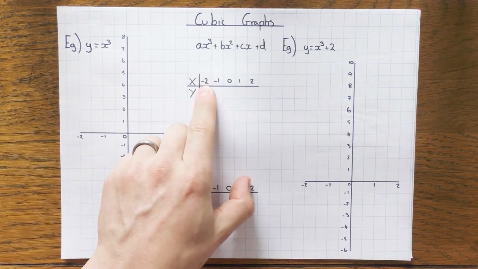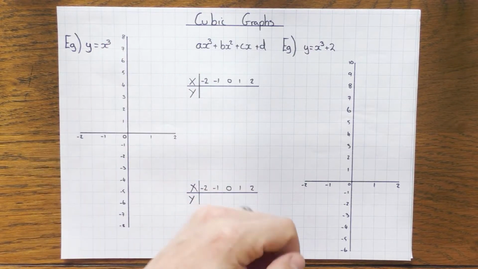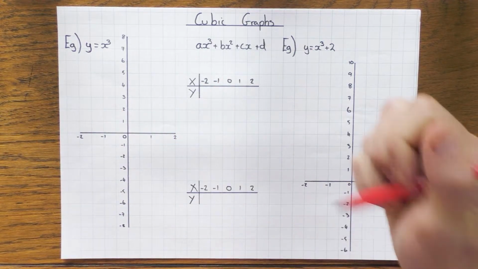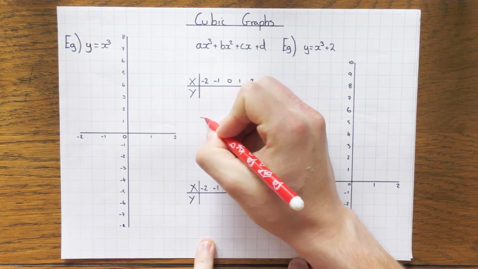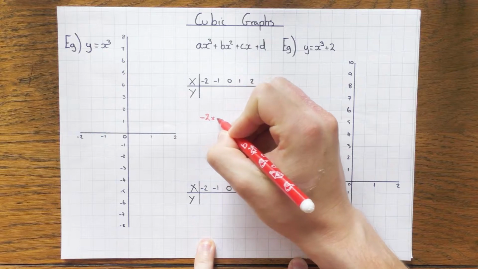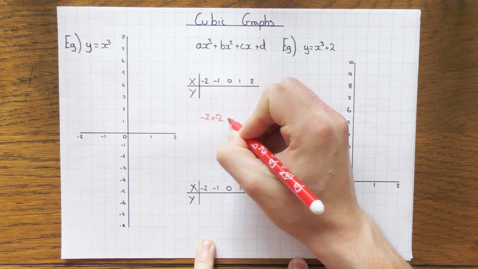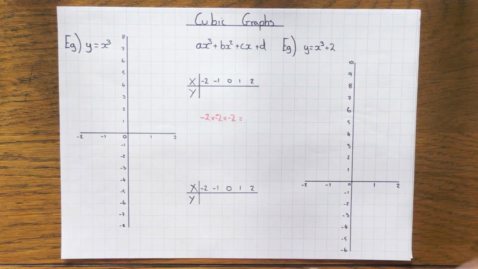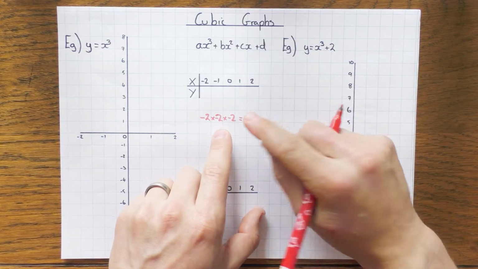So in this case, if I have -2, I need to substitute -2 into that. So I'll have -2 times -2 times -2. Okay, I'll write that one down just for the first one. Now be careful with the cubics, because potentially you could get into a bit of trouble with your negatives here.